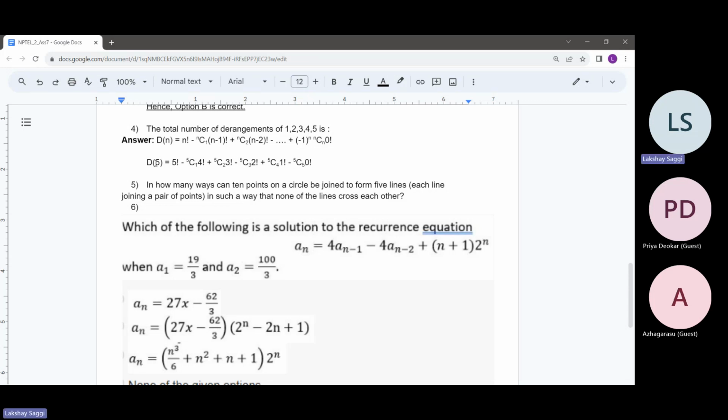So this will be the answer: 5 factorial minus 5 choose 1, 4 factorial plus 5 choose 2, 3 factorial minus 5 choose 3, 2 factorial, 5 choose 4, 1 factorial.